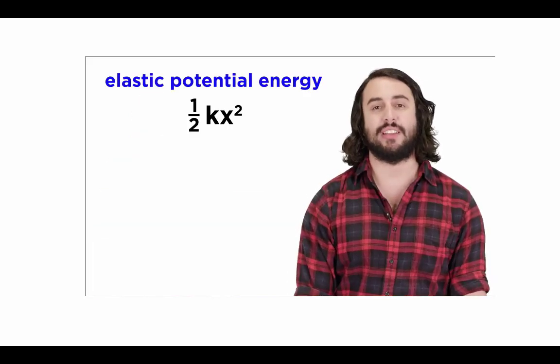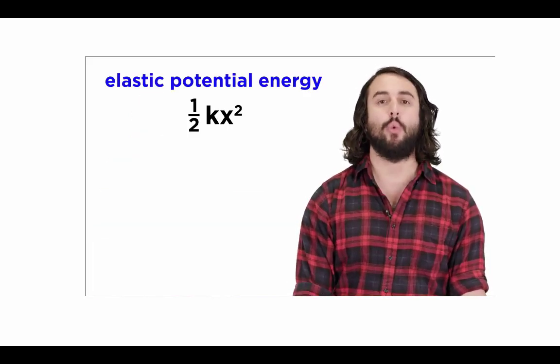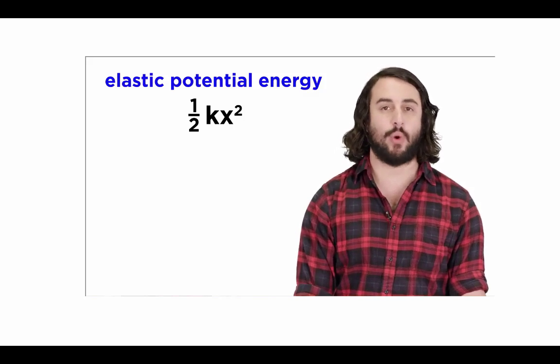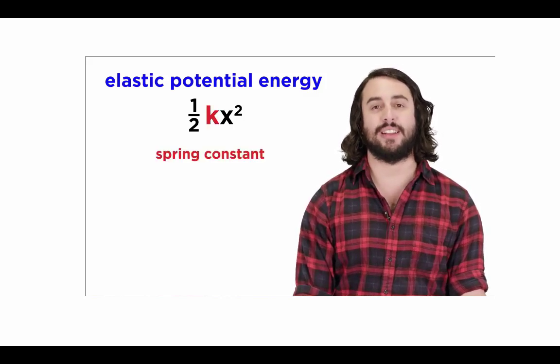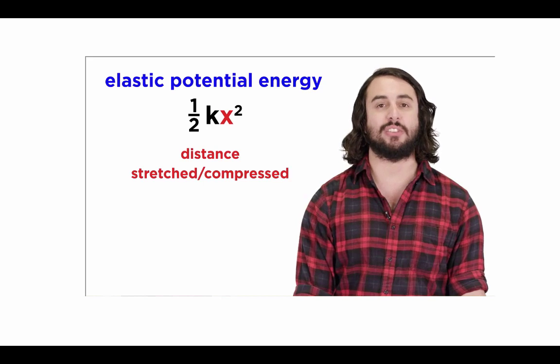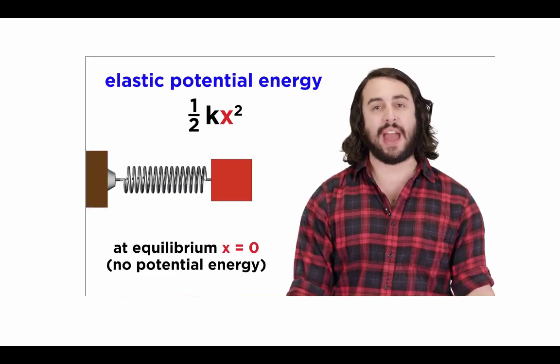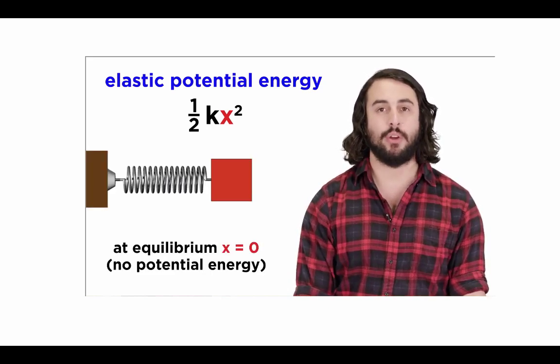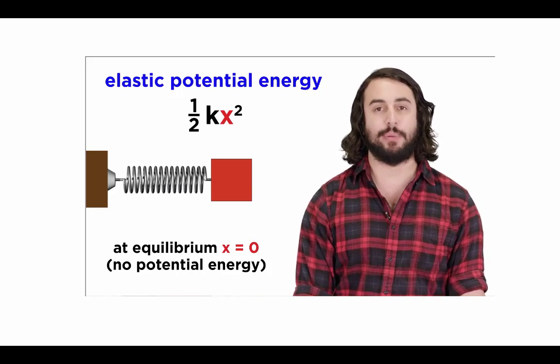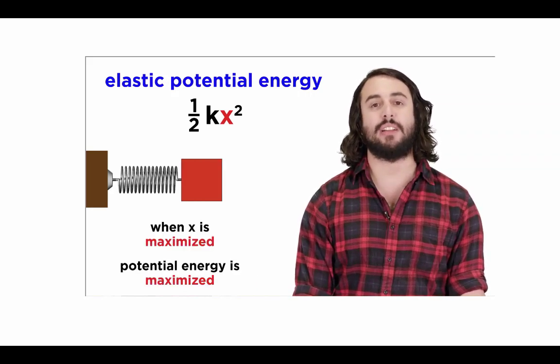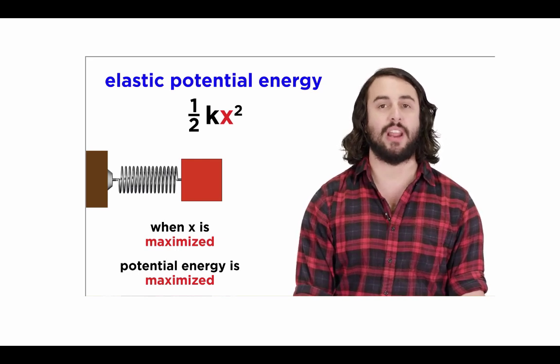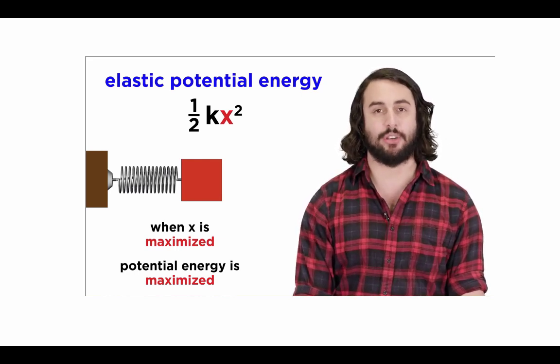Let's also note that the elastic potential energy of a spring will be equal to 1/2 kx squared, where k is the spring constant and x is the distance it is stretched or compressed. At equilibrium, the distance is 0, so it has 0 elastic potential energy, and the maximum elastic potential energy will occur at the maximum distance from this point on either side of the oscillation.